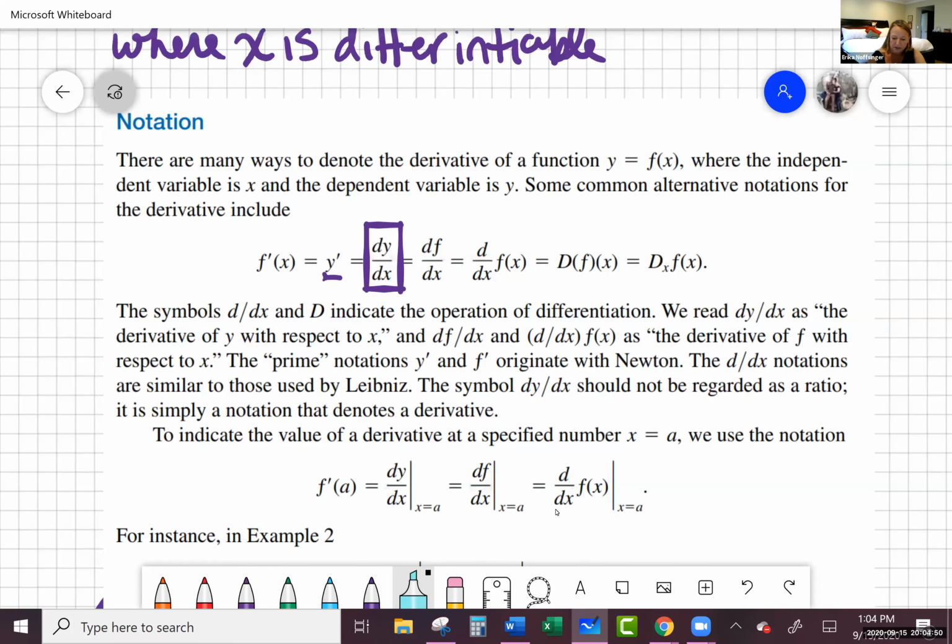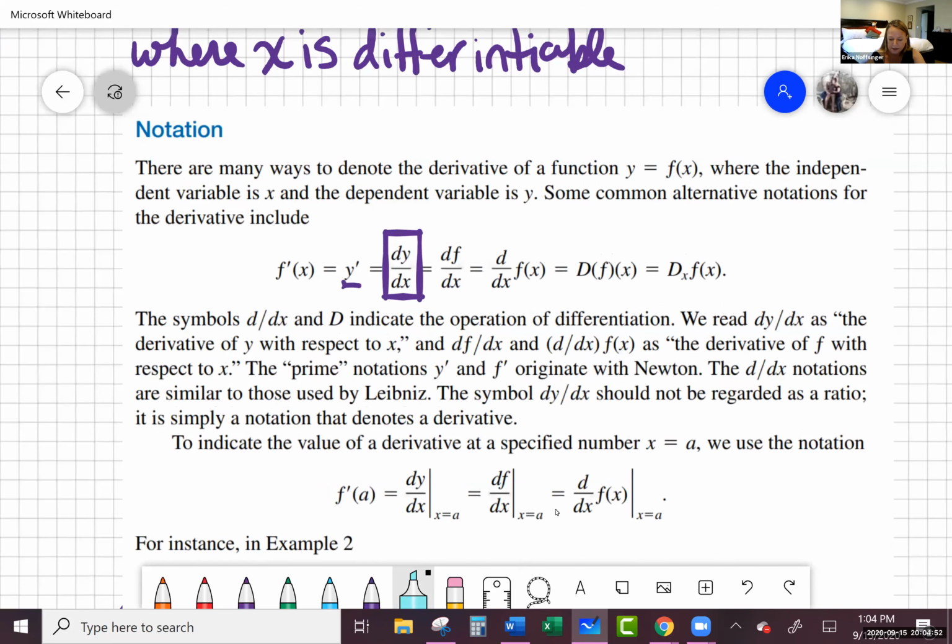When you see dy over dx, this reads the derivative of y with respect to x. And if you saw df over dx or d over dx of f of x, another way to say this is the derivative of f with respect to x.